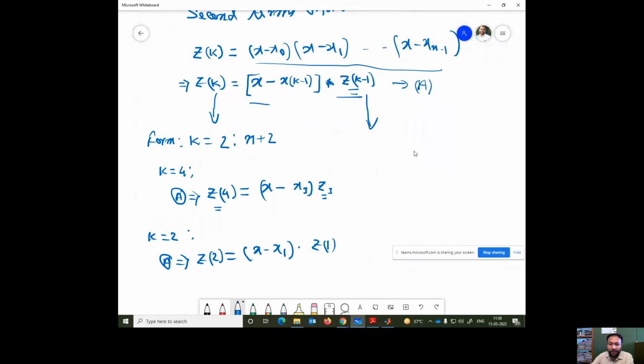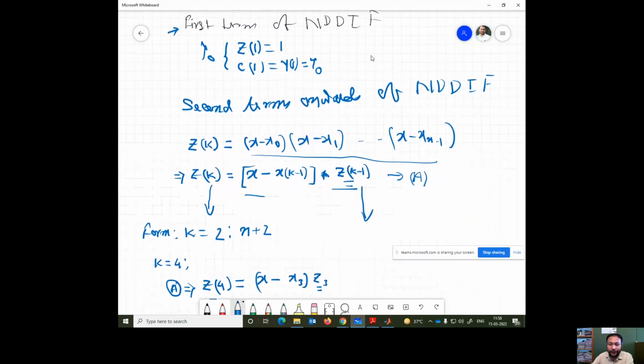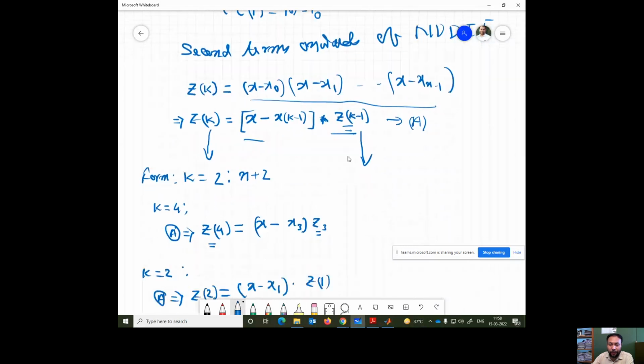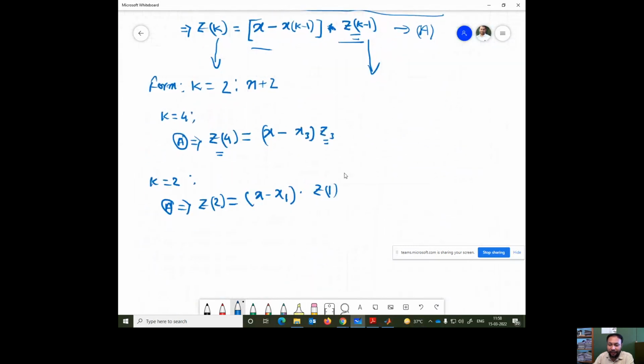We have defined z1 as 1, so z2 is equal to x minus x1 into 1. This is the value of z2.